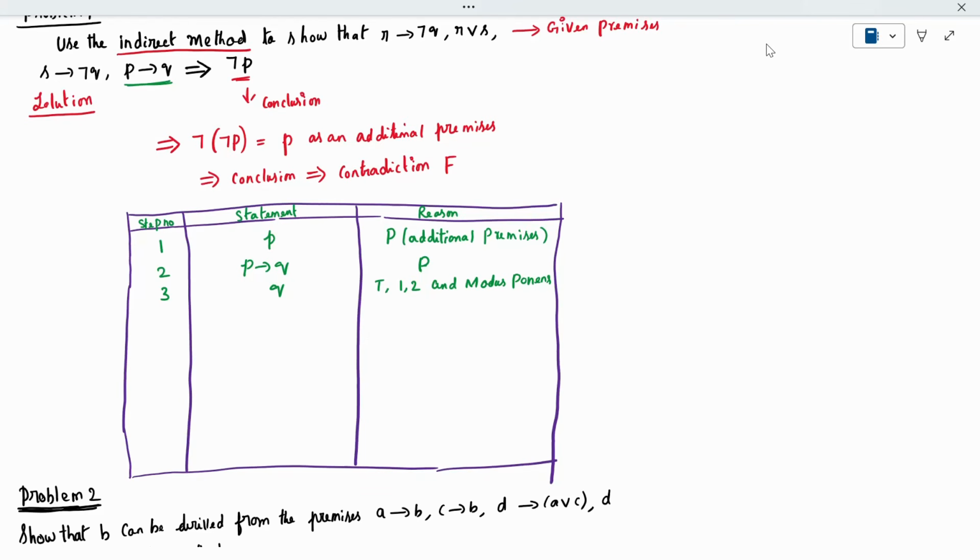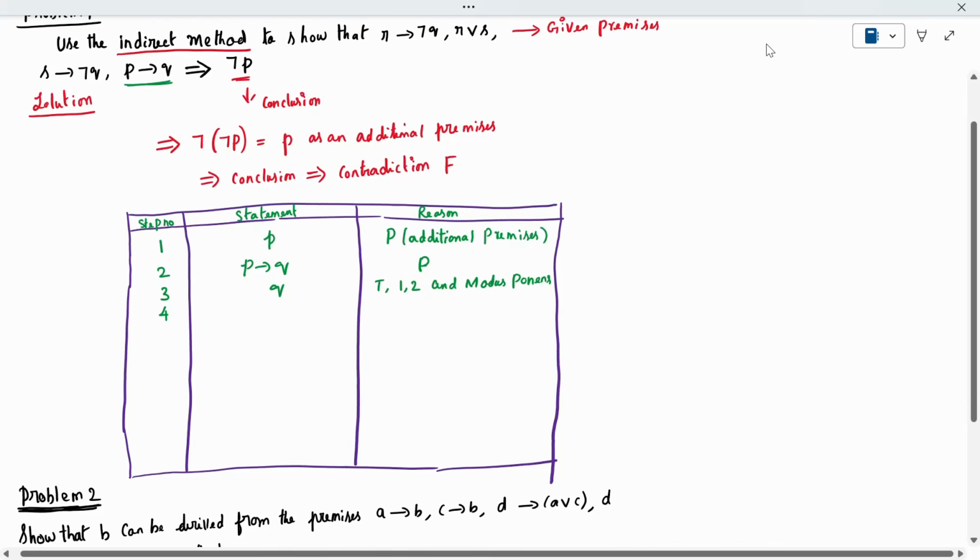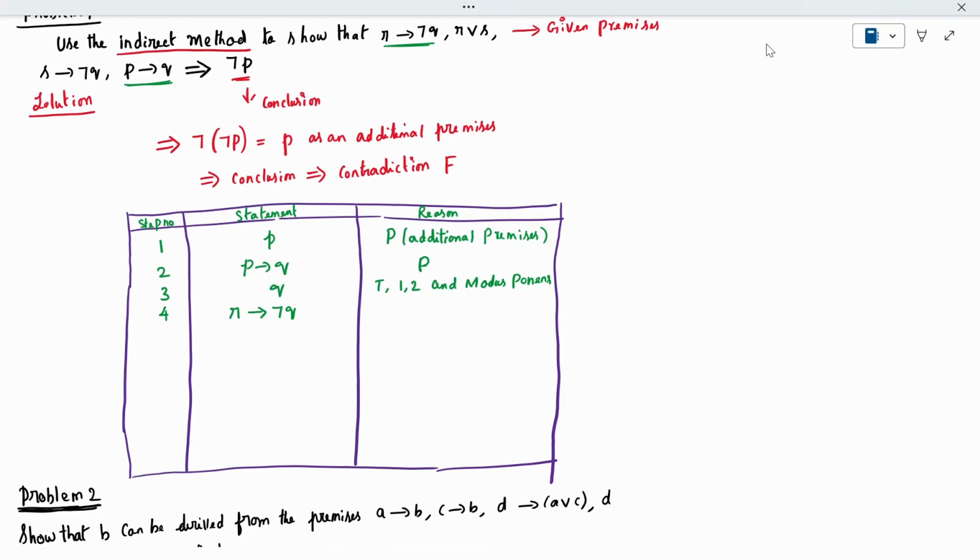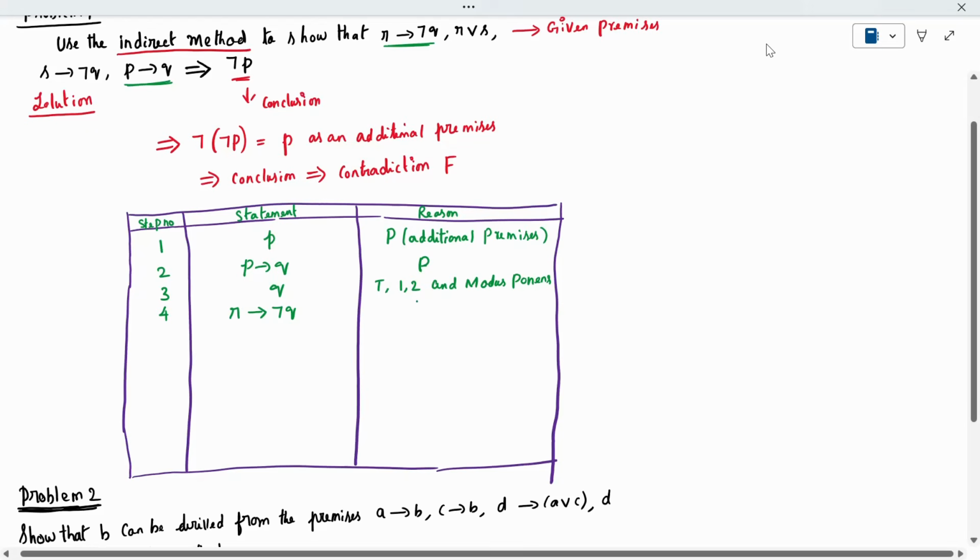So in the fourth step, I introduce one more premise: R implies negation Q. You check, because my previous term was Q. Related to Q, if I introduce it, it will be easy for my conclusion. I will introduce one more variable related to Q: S implies negation Q, P rule.